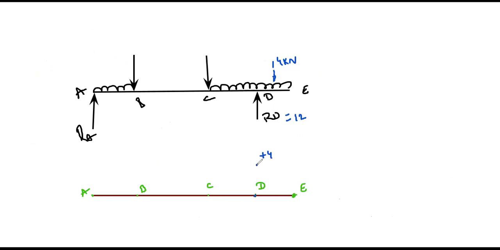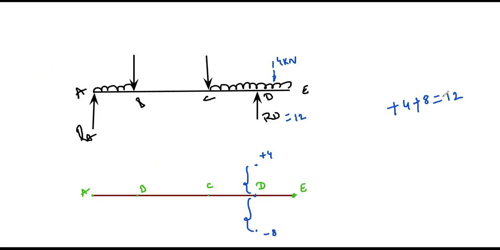So this is 4, and from here you need to draw -8. Why -8? This width is 4, this width is 8. So 4 plus 8 should give you 12.